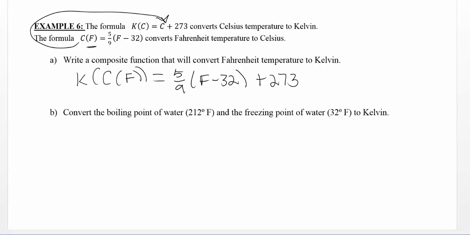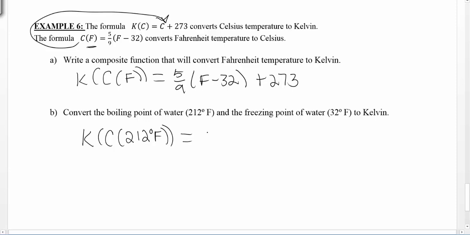Part B. Convert the boiling point of water, 212 degrees Fahrenheit, and the freezing point of water, 32 degrees Fahrenheit, to Kelvin. So that means that for the first part, the boiling water, I want K of C of 212 degrees Fahrenheit.